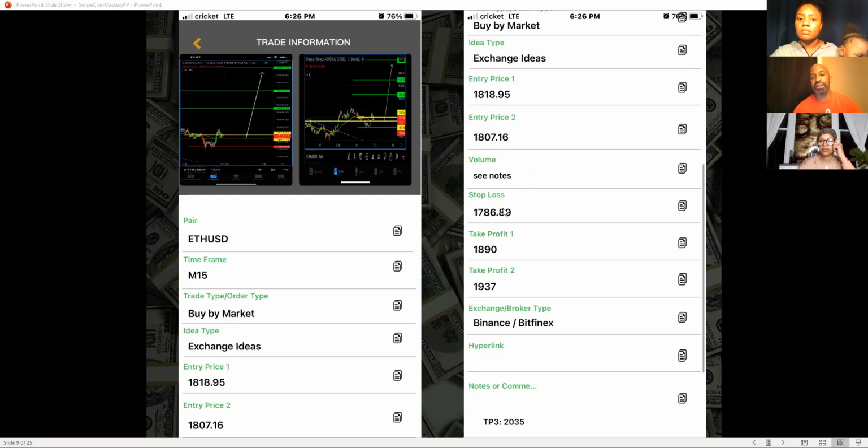Another difference between exchange ideas and MetaTrader 4 ideas is the stop loss. Depending on your experience with trading, you will know that a stop loss prevents you from losing too much money in your account, or blowing it, as we say, or just busting. But with exchange, it's a little bit different.